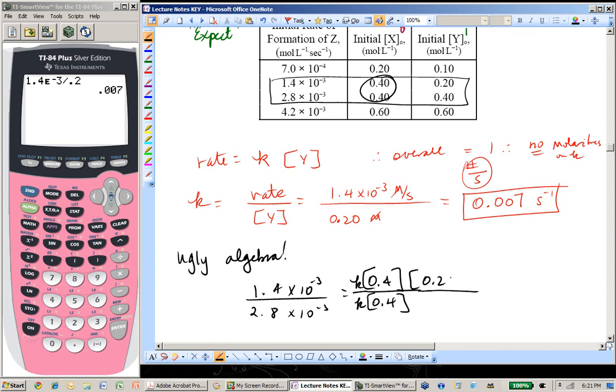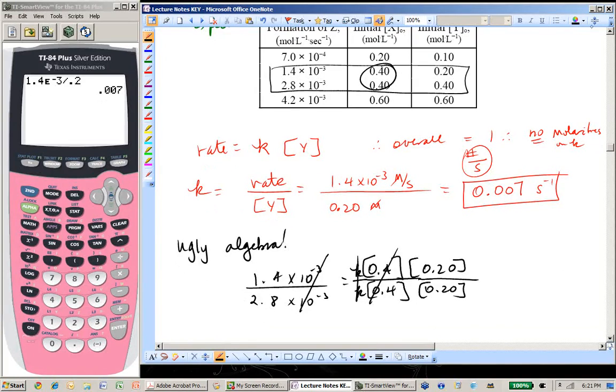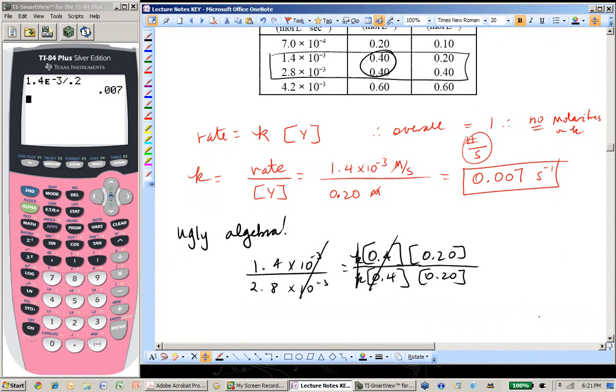And 0.2 and 0.2. Cancel, cancel, cancel. Oh, this feels so good. All right, so summarizing, what's that going to be? 1.4 divided by 2.8 is 1/2. Agreed? You might want to write it as 0.5. It's up to you. 0.2 over 0.2 is 1.